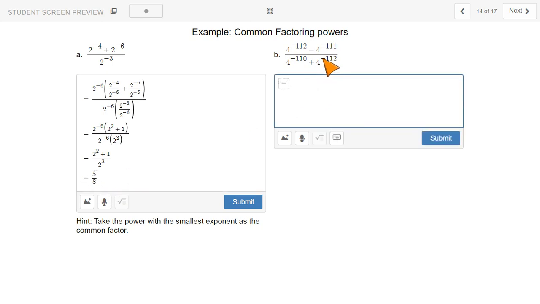Let's factor out the power with the smallest exponent. This is 4 to the negative 12. So 4 to the power of negative 12 times 4 to the power of negative 12.